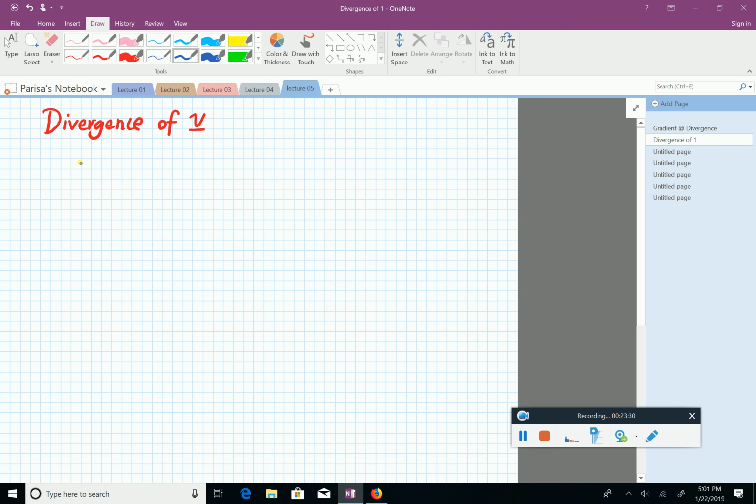So the divergence of a vector valued function is just the trace of gradient. So once we know the gradient, and the gradient, remember, is a tensor. If you take the trace of that tensor, that's the divergence.